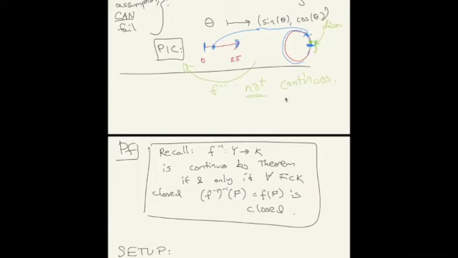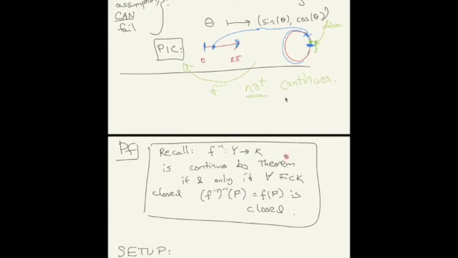But if you have f inverse from Y to K, this is defined. The only thing we have to show is that it is continuous, and we have a theorem that we can use that's particularly well suited to this problem.